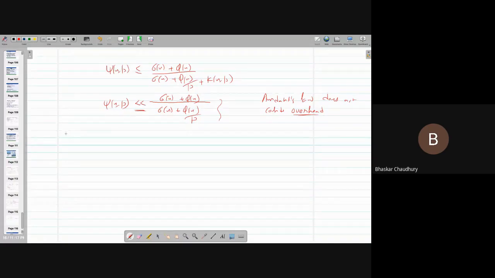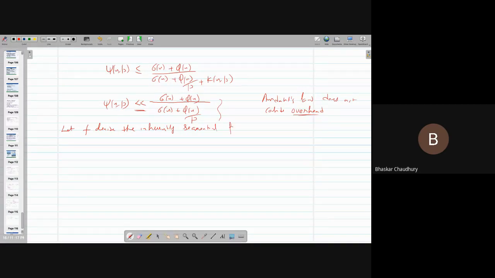Okay. Now let me introduce a fraction. Let f denote the inherently sequential portion of the computation.